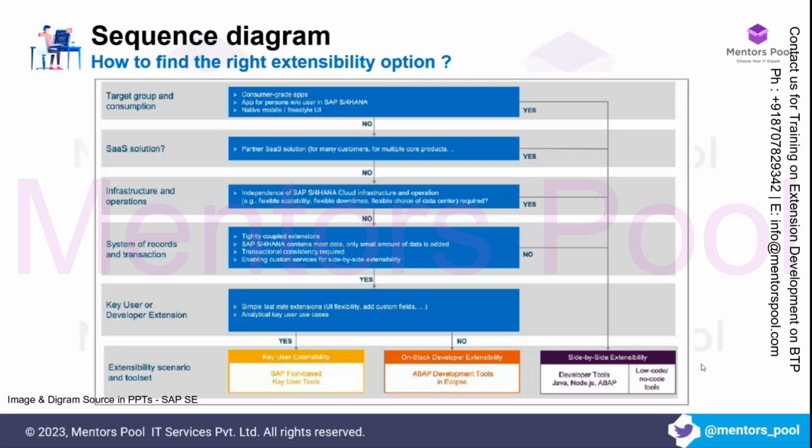If we are looking to extend a customer grade application, or an application of S4 which is existing on S4HANA, or a native mobile application or a Fiori freestyle UI5 application, if yes, then side-by-side extension is the way to go, because of the given scenarios we discussed previously.